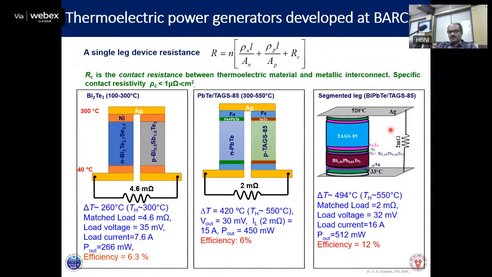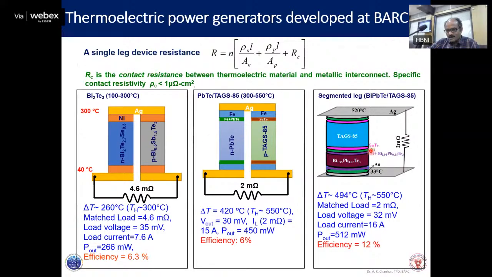For higher temperatures, segmented means you now have two different segments, one for high temperature and another for low temperature. You have this leg, and below that you have put this leg.